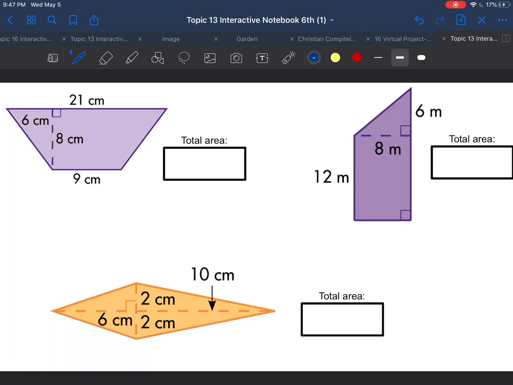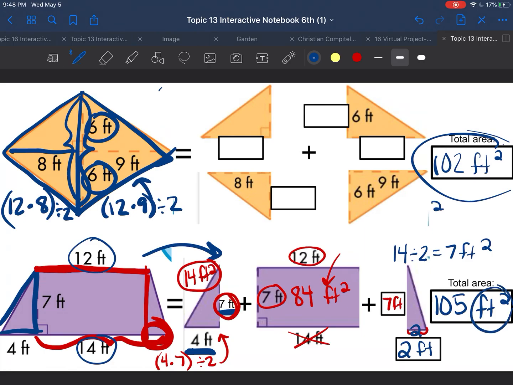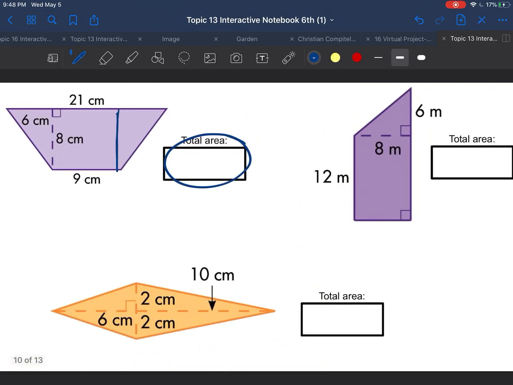That way, you can break it up any way you'd like and write down the specific areas of everything so you can keep track. And make sure when you write your total area, do not forget your units and that they are squared.